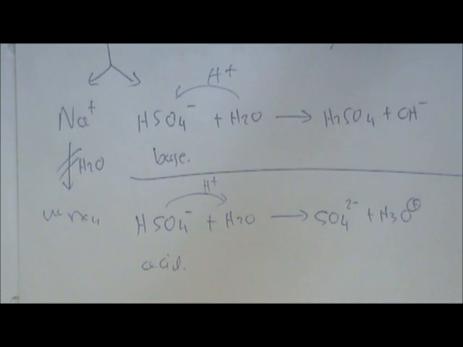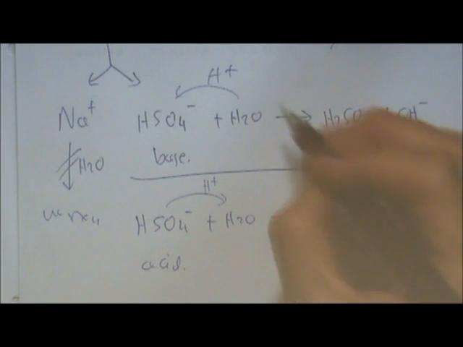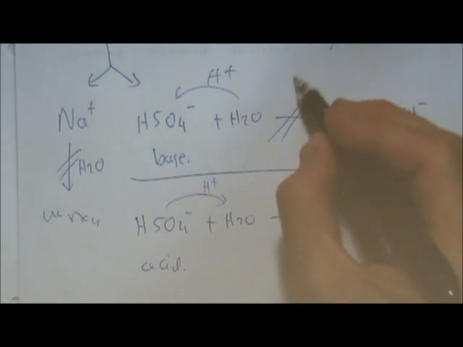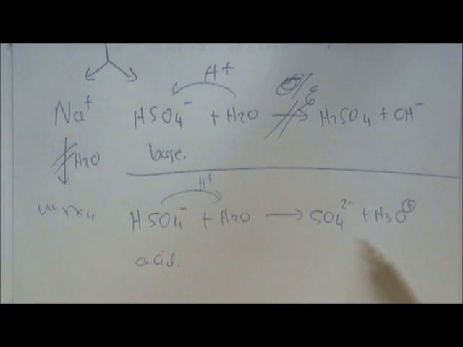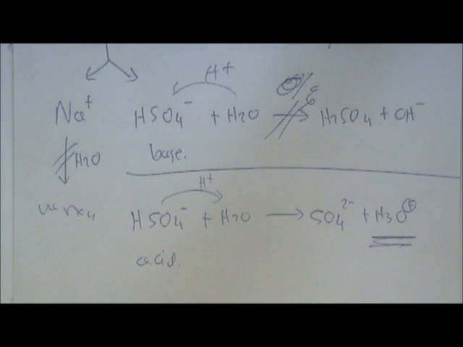HSO4 minus reacting with water gives you sulfate and hydronium ions, and that's a weak acid with a Ka2. So the first one is not possible. That's 0% reaction. This one, though, is possible, and if this is possible, then it creates what? Hydronium ions. That means sodium hydrogen sulfate is acidic. Therefore, the pH is going to go down.